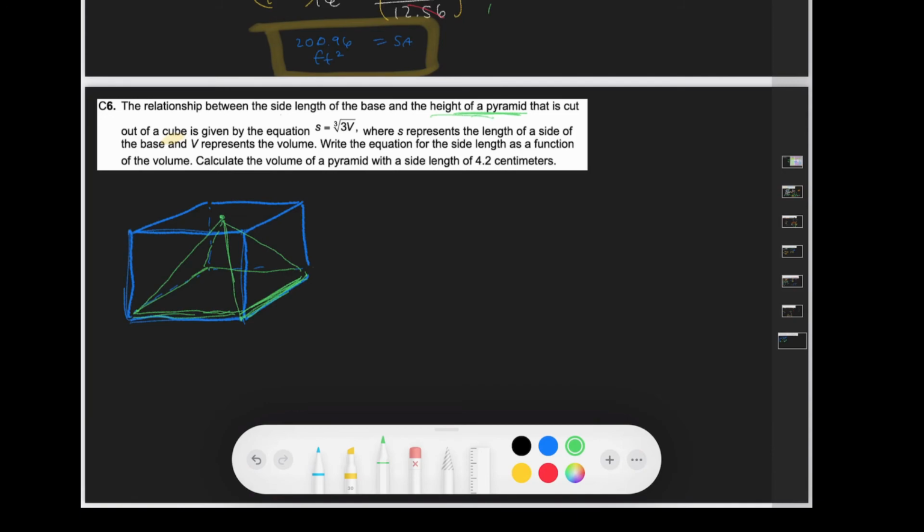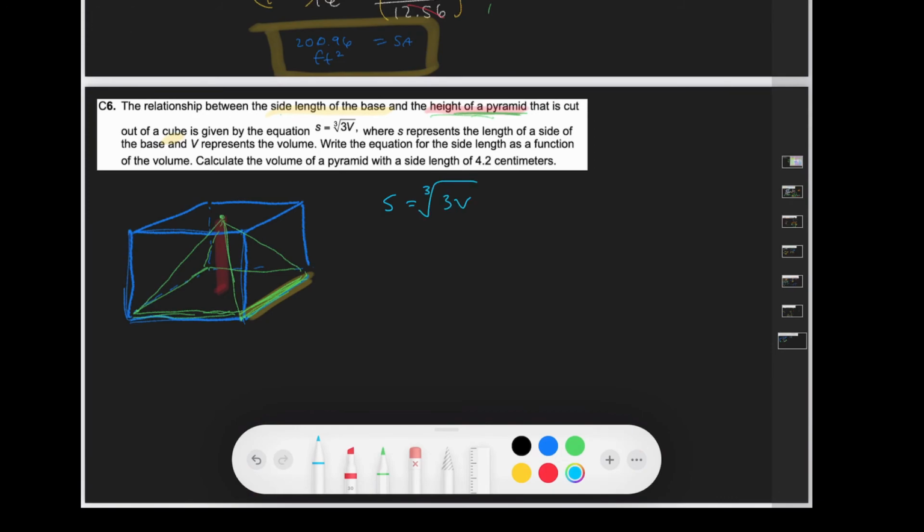so the side lengths, let's go back to the math now. The side length of the base, this is the side length here in yellow. And the height of the pyramid, okay, pay attention, that's to the bottom there. It's the one that goes straight up and down there. And let's just write the formula they have. S equals cube root of 3V.